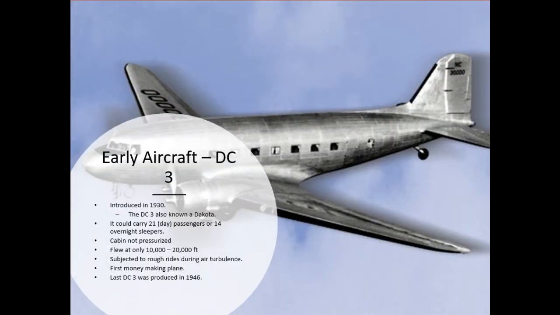And the third DC flight was introduced in 1930, which you are seeing in this picture right now, and it carries 21 passengers by day, meaning if they are going for a day trip, it carries 21 passengers. When going overnight with sleepers, it carries 14 passengers. The cabin is not pressurized, and it only flew between 10,000 to 20,000 feet above ground level.